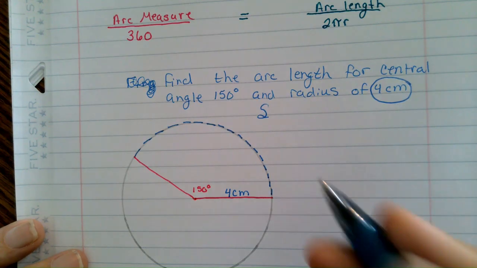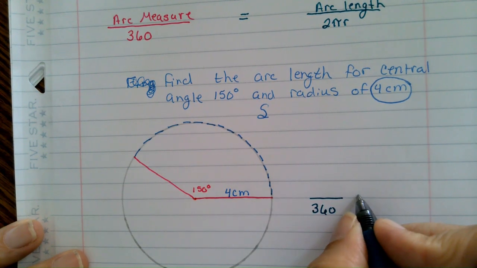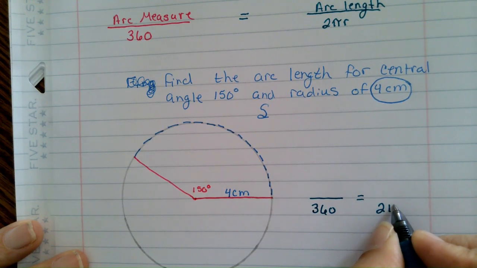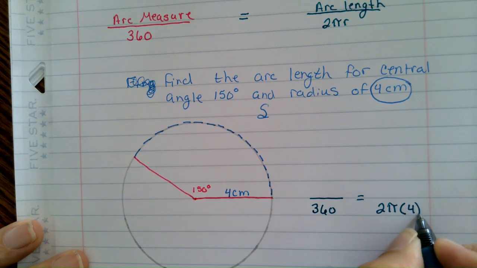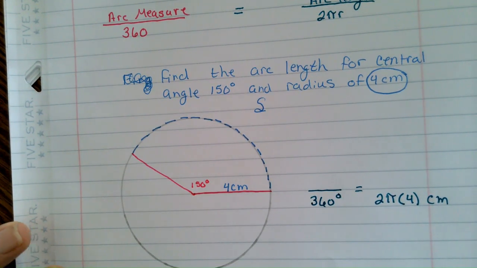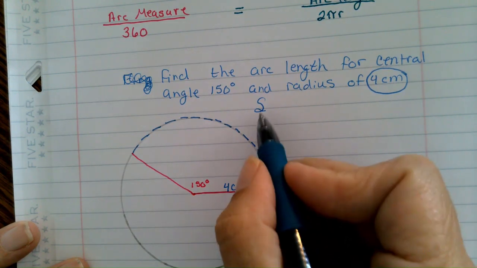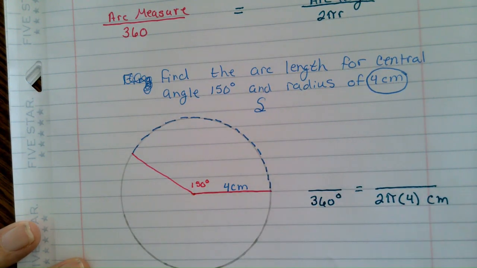Well, we know a full circle is 360 degrees, or 2 pi r centimeters. And I wrote a fancy S so it didn't look like a 5 or something.